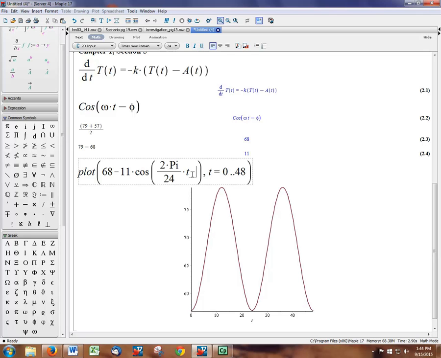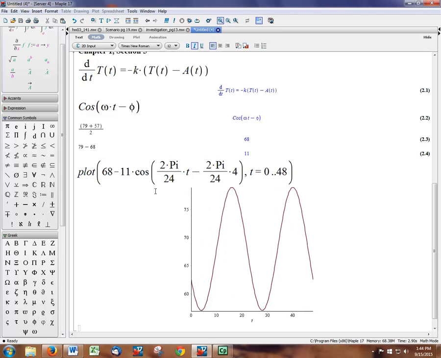Let's try minus. It takes 2 times pi for 24 hours, and I want a 4-hour shift. Let's try this number, see if that works. That seems to work pretty good. We are about at 4 o'clock now, or 16. So this looks like a good formula for the temperature.